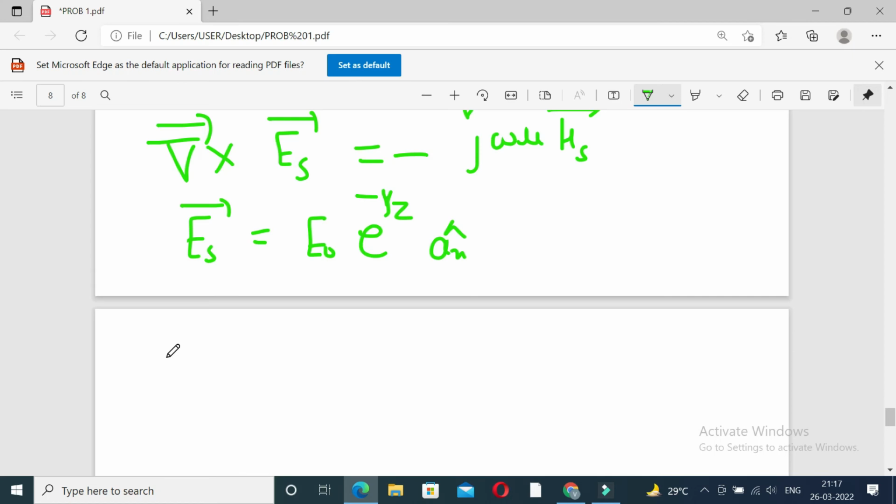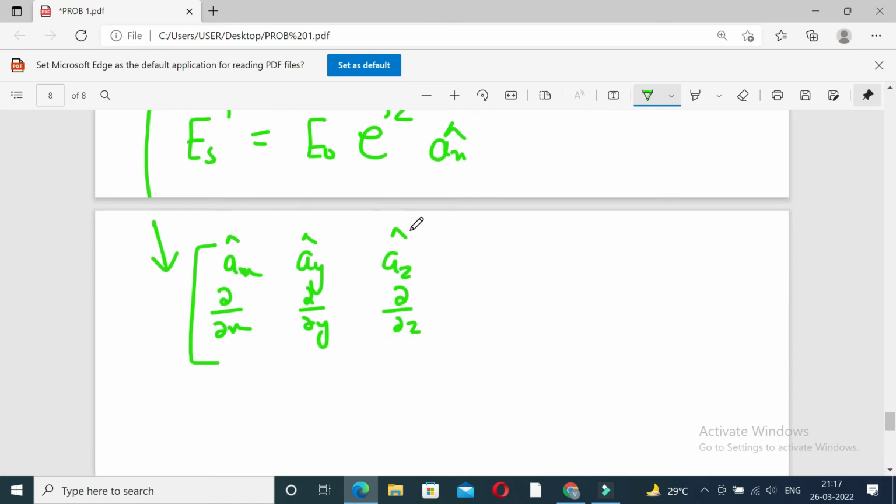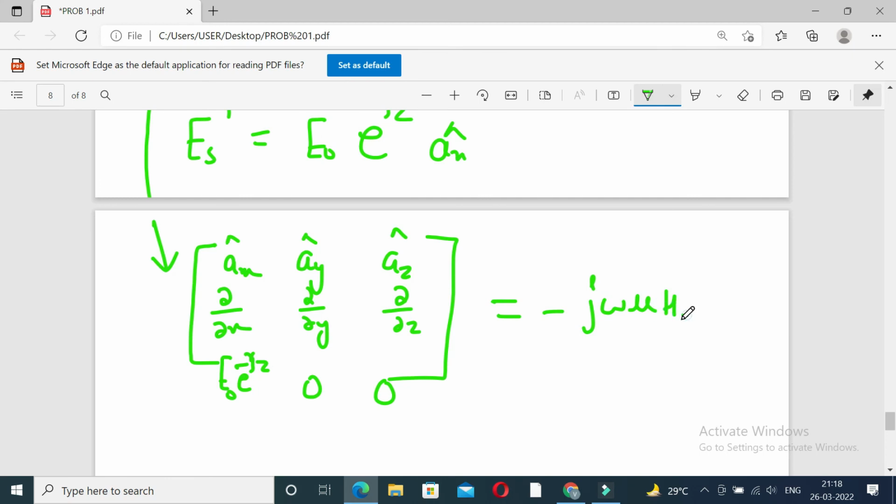Now this equation gives the determinant of ax cap, ay cap, az cap, del upon del x, del upon del y, del upon del z, E naught e to the power minus gamma z, 0, 0, is equal to minus j omega mu Hs vector.